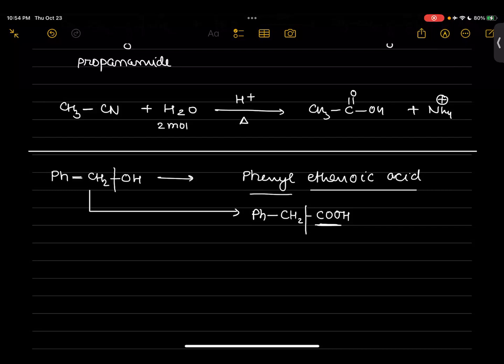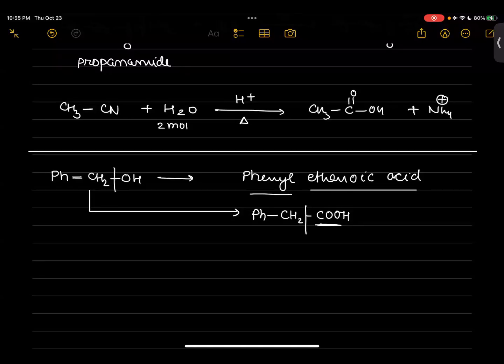CO2. Okay, that CO2 can be added through Grignard reaction. But the problem is Grignard is not made from alcohols. It is made from alkyl halide, RMgX.